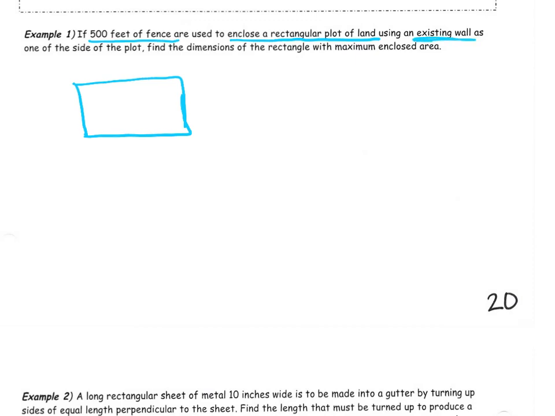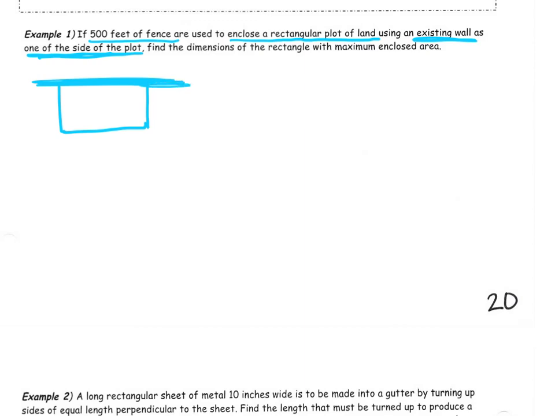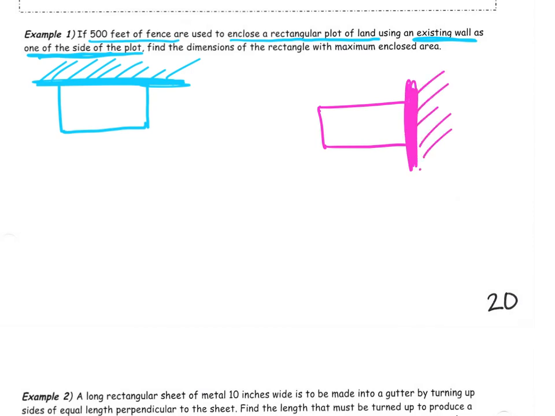I don't know where the wall is, so maybe I'll draw it over here. Okay, maybe there's a wall here. There's a wall on this side. Okay, doesn't matter. I could have also drawn the wall here, and blocked this part off. Doesn't matter. All right, so let's just use the blue drawing that I have already.